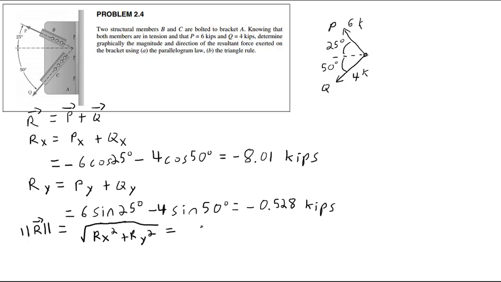And so this will be equal to the square root of 8.01 squared plus 0.528 squared.